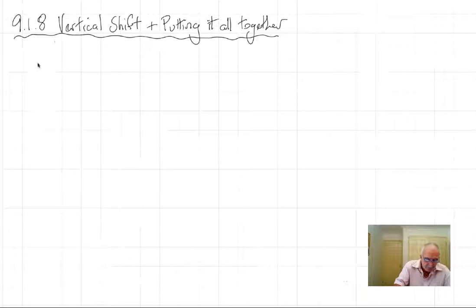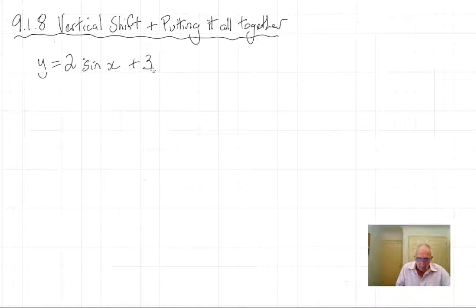Vertical shift. So let's just look at our y equals, and so we want to do y equals 3, well we've been using 3 a bit, haven't we? So let's just use 2. Y equals 2 sine x plus 3.